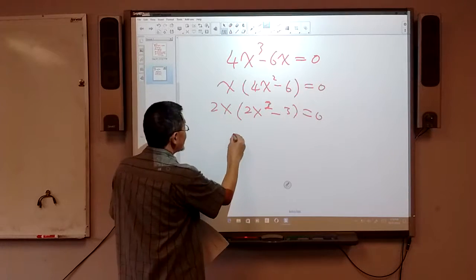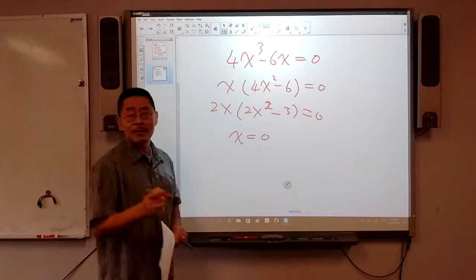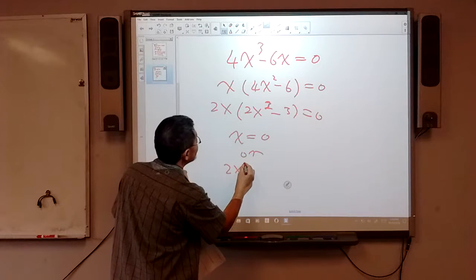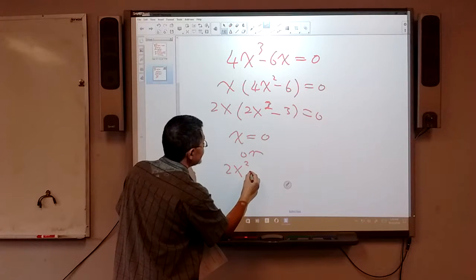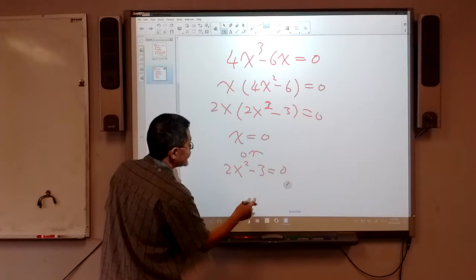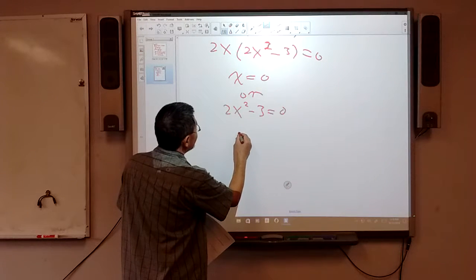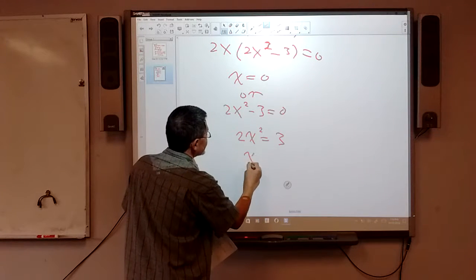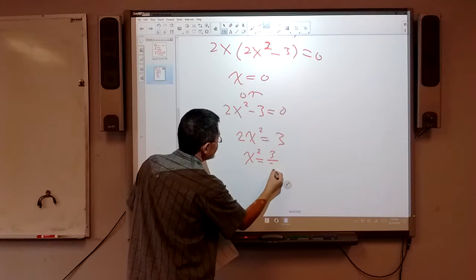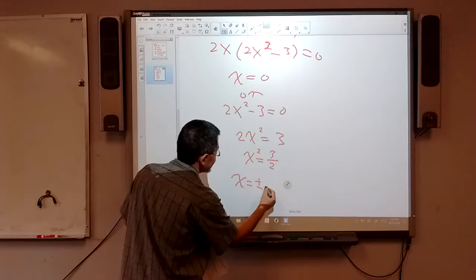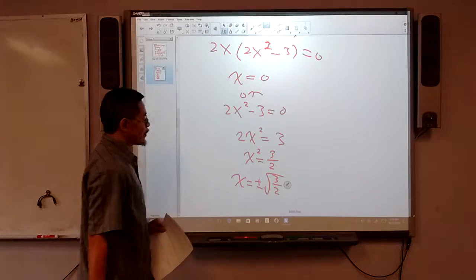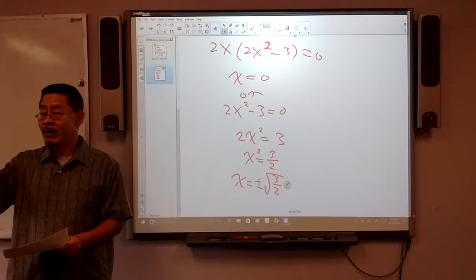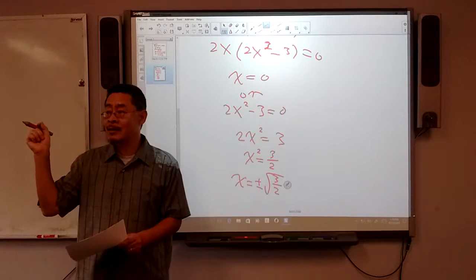Either x is 0, that's our first point, or 2x^2 minus 3 equals 0. So 2x^2 equals 3, and x^2 is 3 over 2, so x is plus or minus the square root of 3 over 2. So there are 3 points on the graph where you have a horizontal line.